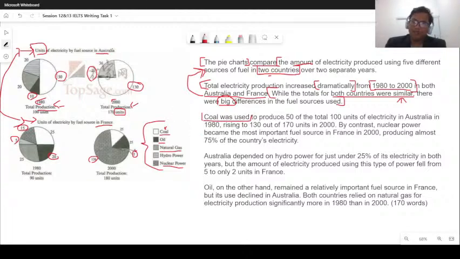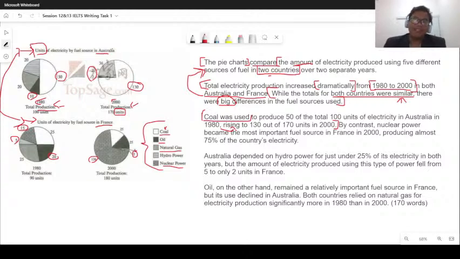Coal was used to produce 50 of the total units of electricity in Australia in 1980, rising to 130 out of 170 units in 2000. Right? This person added a clause after it, a subclause, so it's not just a simple passive sentence.